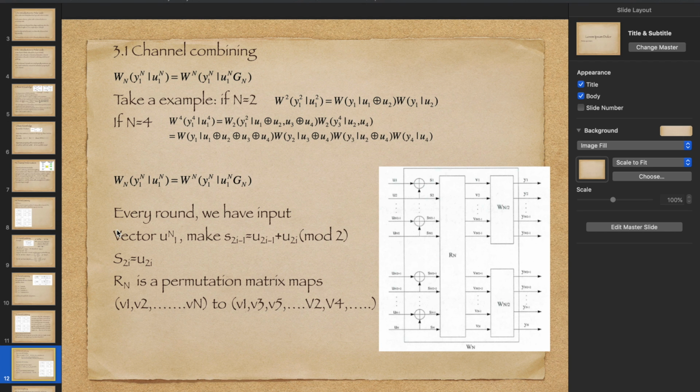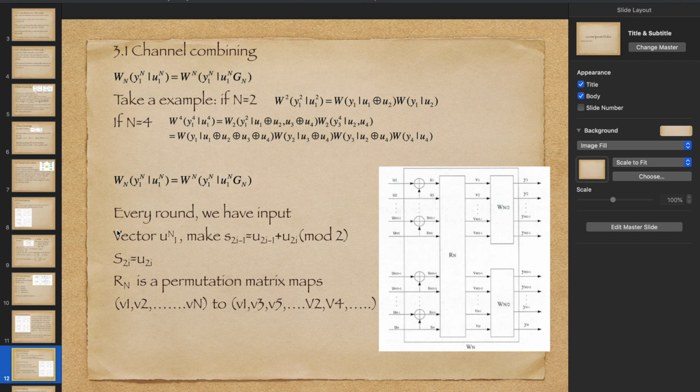So every round we have input vector u1n, and we make s2i minus 1 equal to u2i minus 1 plus u2i mod 2, and s2i equals u2i. So basically it is the construction we used before.